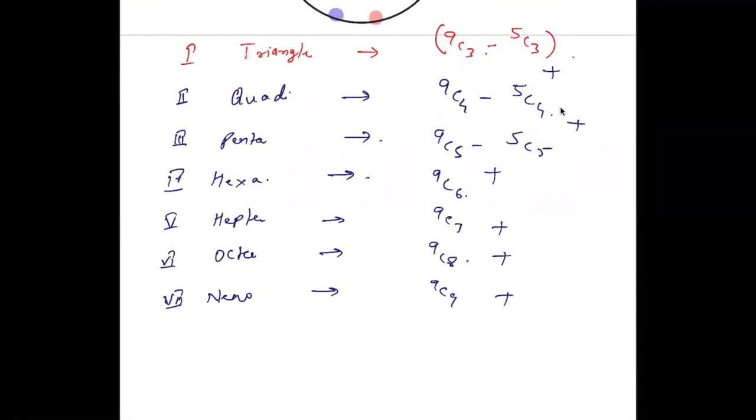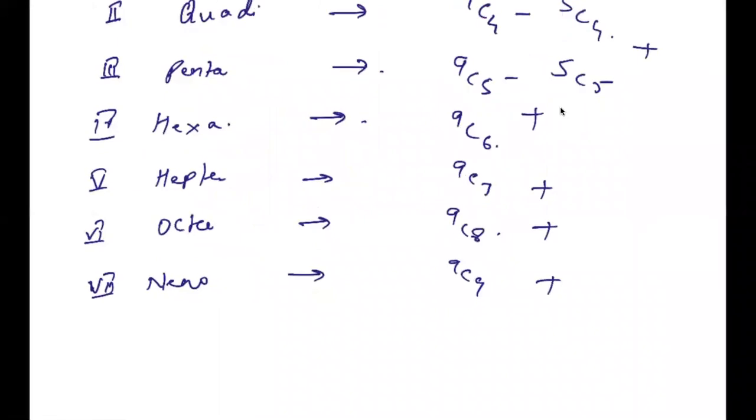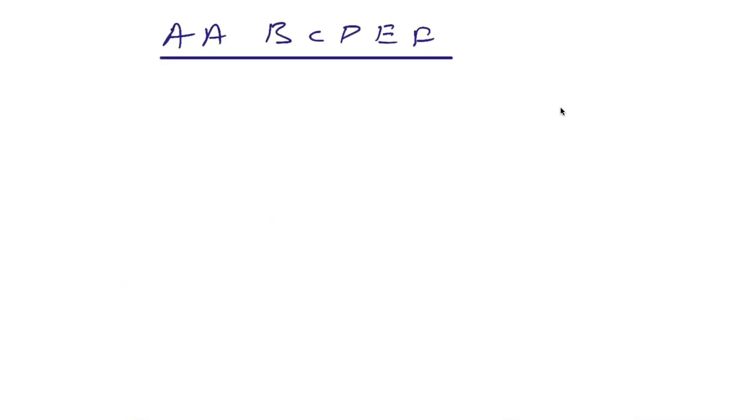Okay, so this is about circular arrangement, right? One question we are doing for circular arrangements: how can we arrange all these things? If I'm saying A, B, C, D, E, F, these 7 letters we have to arrange in a circle, right? 2 A's are there, right?